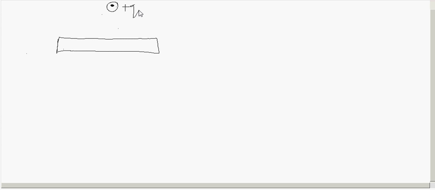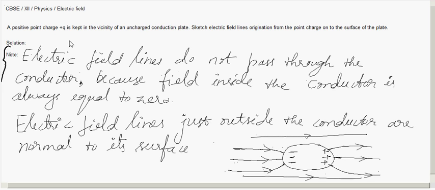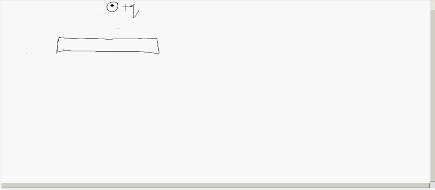Now we have to mark the field lines. So this is the arrangement. A plus Q is kept in the vicinity of an uncharged conduction plate. So this is the initial arrangement. Now what will happen?